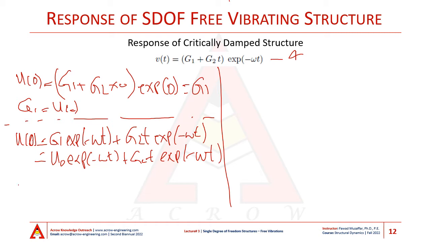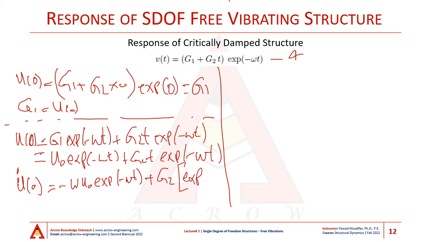Once we do that, we get u dot, which is the velocity, equal to minus omega u naught exponential of minus omega t plus G2 into exponential of minus omega t, and I will be continuing this in the second line, so it will be a little bit messy, but I understand you will be able to try this on your own.